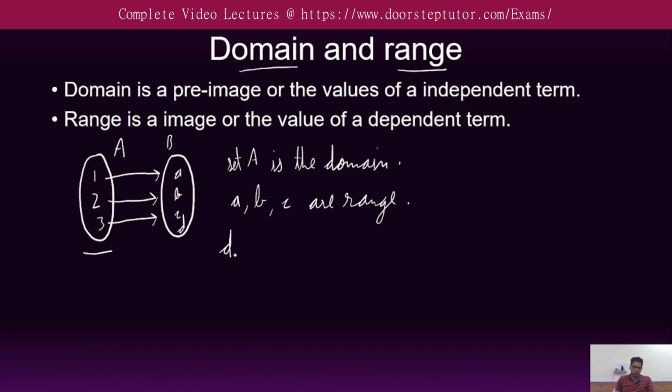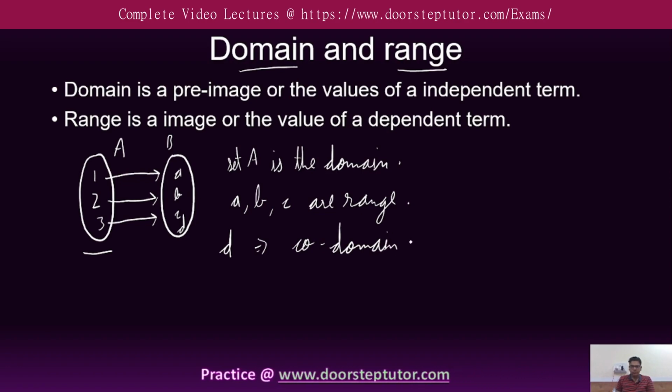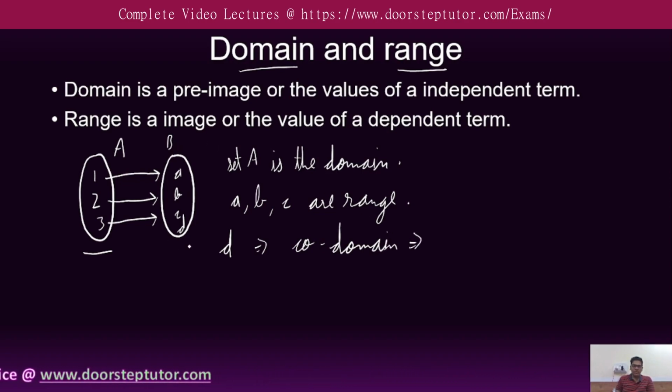So what will it be called? It will be known as codomain, or part of codomain. Codomain is the elements present in the set B. All the elements present in the set B are known as codomain.